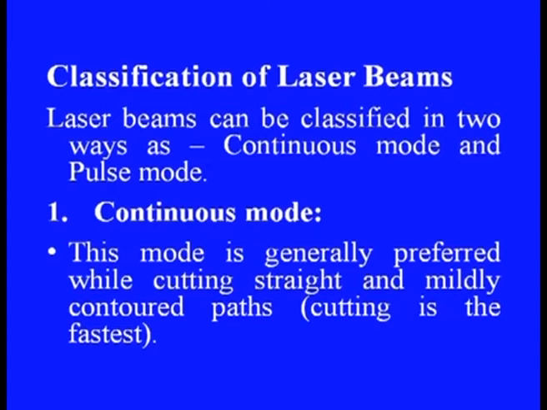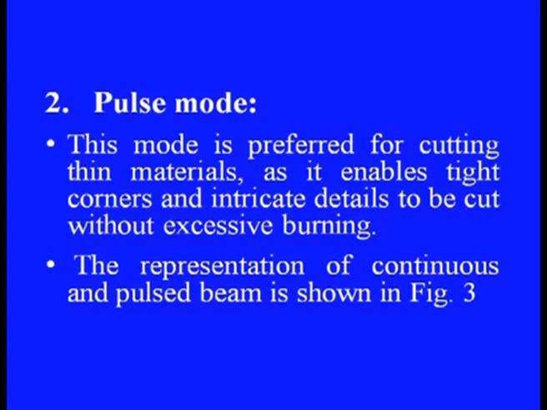Cutting is the fastest. And number two, pulse mode. This pulse mode is preferred for cutting thin materials, as it enables tight corners and intricate details to be cut without excessive burning.